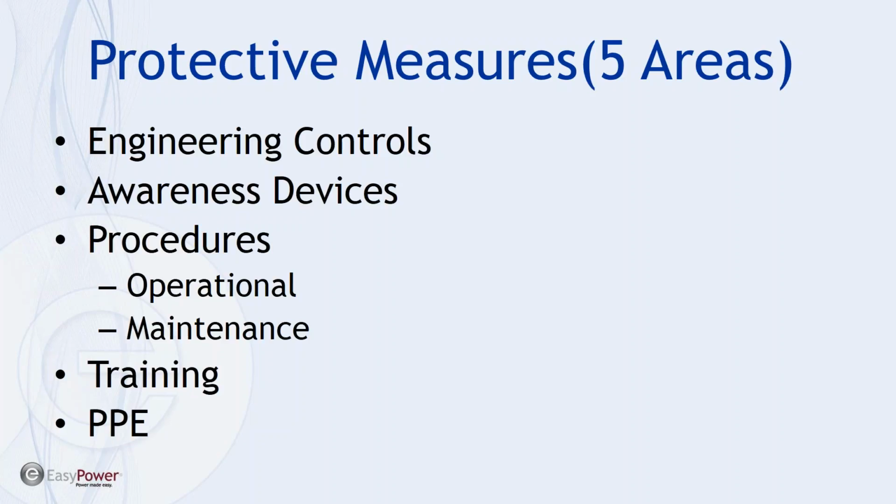And I think that's primarily the message, that the PPE is the last line of defense, and while it's important, it's not the first place we go, because you're still having to deal with a very dangerous situation once you've decided just to suit up to a high incident energy level.